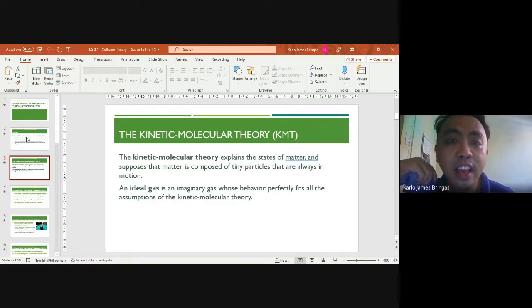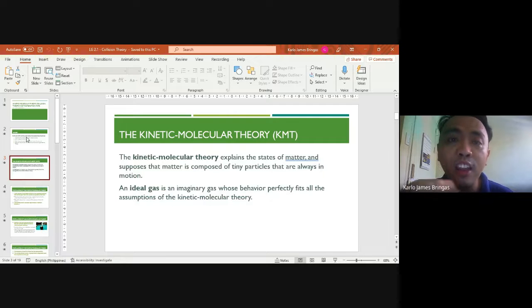An ideal gas, you might have already encountered this in our Chem 1. For the purpose of this discussion, an ideal gas is just any imaginary gas whose behavior perfectly fits all the assumptions of the KMT. Again, it's imaginary because in real life, real gases do not always follow all of the assumptions of the KMT.